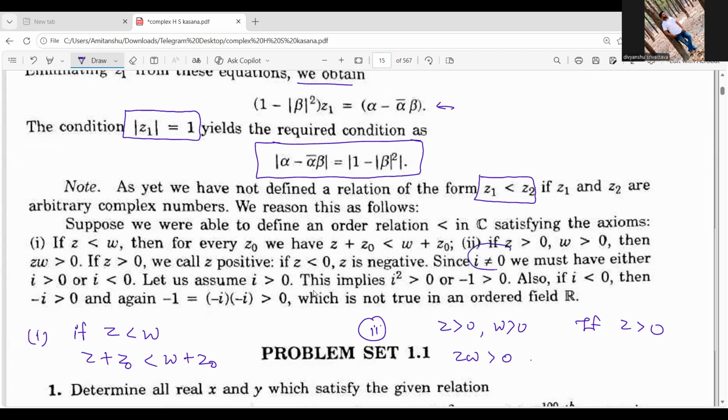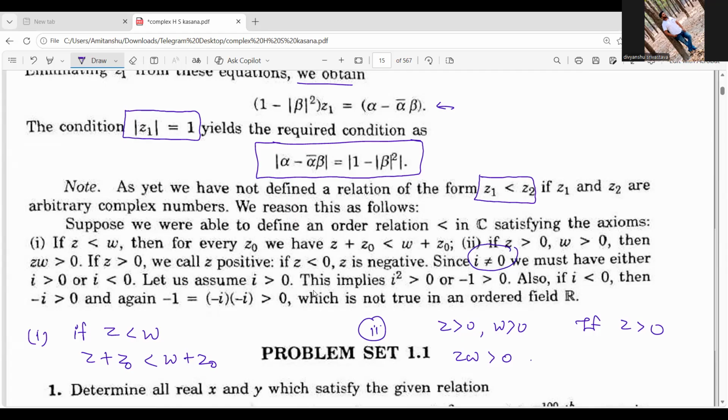Since iota is not equal to 0, either iota is greater than 0 or iota is less than 0. Let's assume iota is greater than 0. This implies that iota square is greater than 0, or minus 1, because the value of iota square is equal to minus 1. This we have already seen previously, I think about 5 to 10 minutes before.